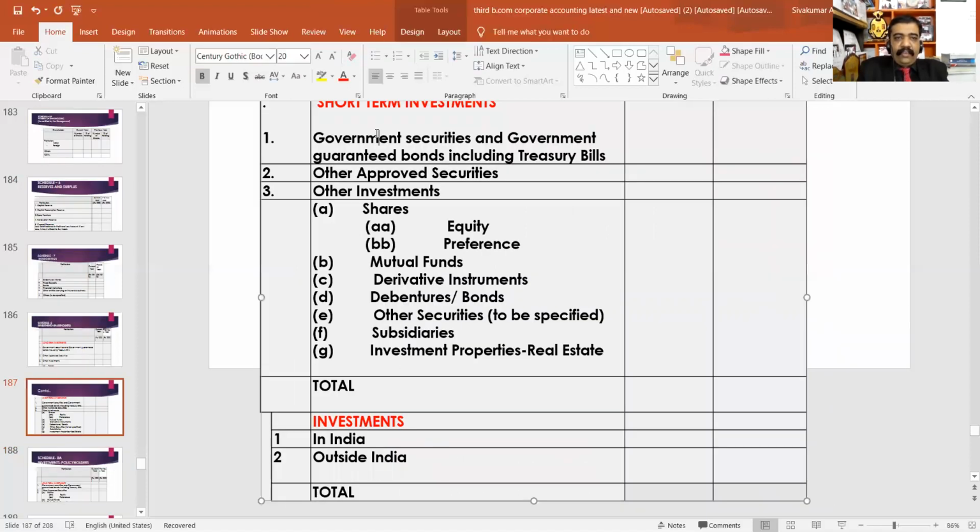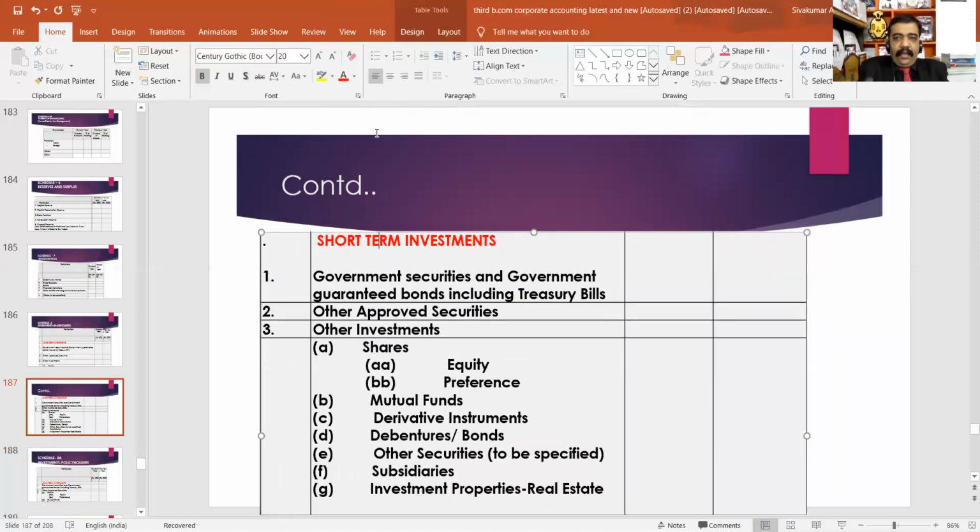Then you have to show short-term investments. What are the short-term investments? That may be government securities, government guaranteed bonds, including treasury bills, other approved securities, and other investments. Other investments may be investments in shares, mutual funds, derivative instruments, debentures or bonds, subsidiaries, or real estate properties.